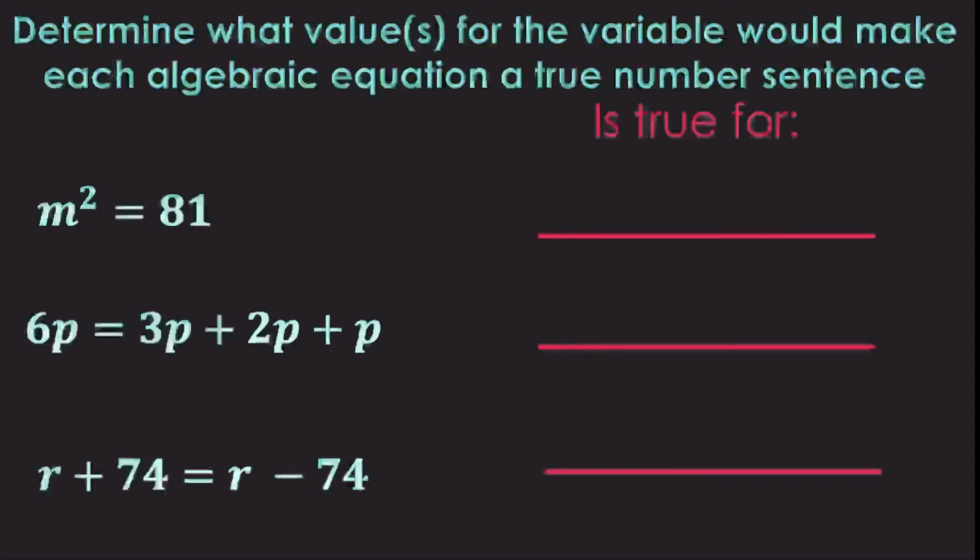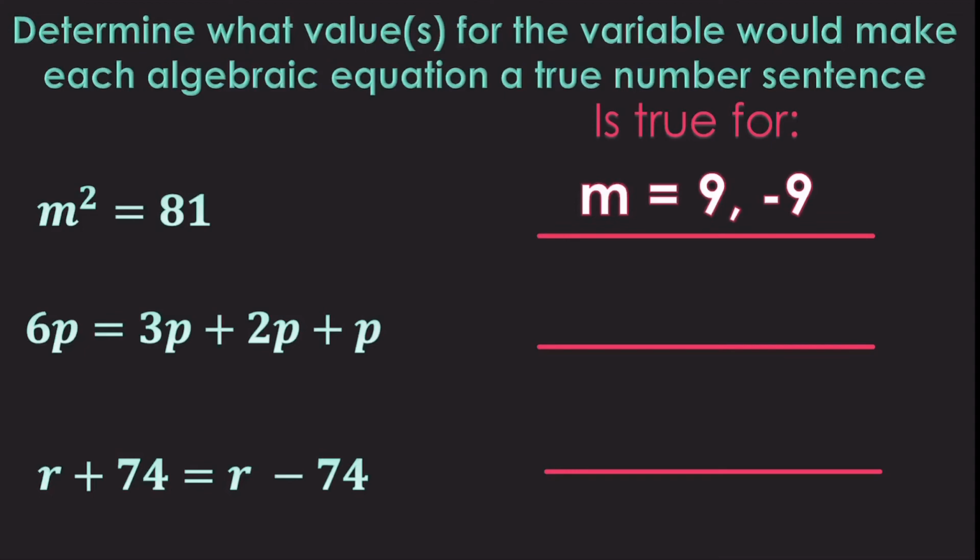What value of m would make both sides of this sentence equal? So I'm sure many of you said, oh, m equals 9. And that's in the past what we've always gotten from students on the worksheets, but you get it marked wrong because it also equals negative 9. 9 squared is 81, but negative 9 squared is also 81.